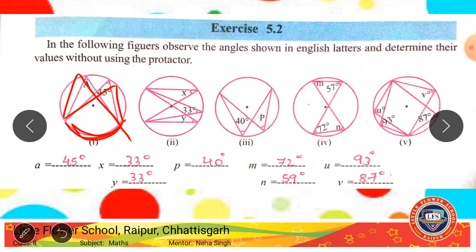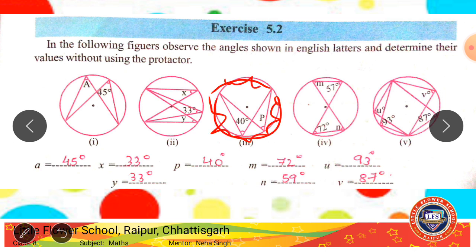Next we'll see, now again this is on the same side of the arc, same arc, so they will also be equal. Again it is on the same arc, they will also be equal. This is one arc. How am I saying they are in the same arc? See, for this question this is one arc, this is another arc, this is the major arc, this is the minor arc.